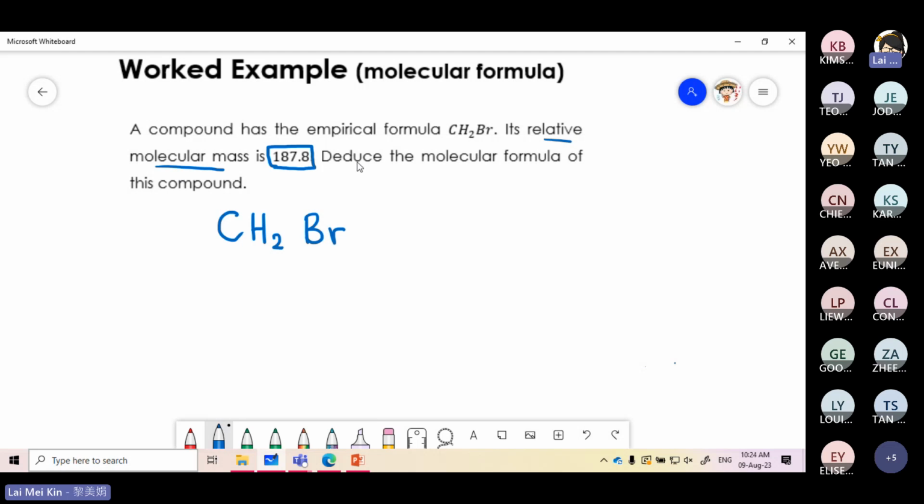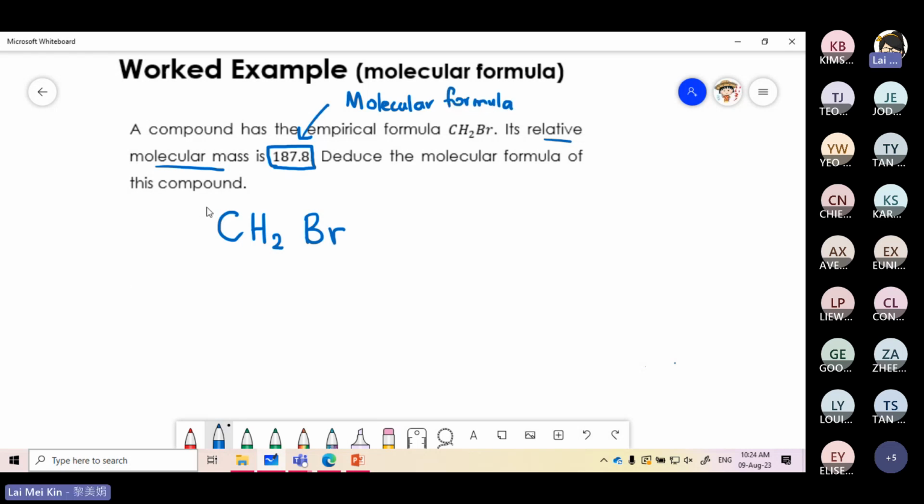My first question: is 187.8 the relative molecular mass of the empirical formula or of the molecular formula? This is the molecular formula. This is the real mass for the molecular formula.